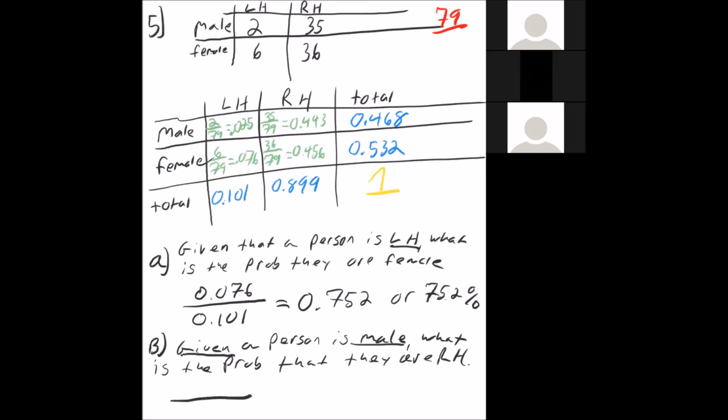So if I go to the total of the males, that's 0.468. Now you're going to look for where the male and the right-handed overlap, which is going to be that 0.443. And you're just going to, again, divide those two. So 0.443 divided by 0.468, which gives me 0.947, which is 94.7%.